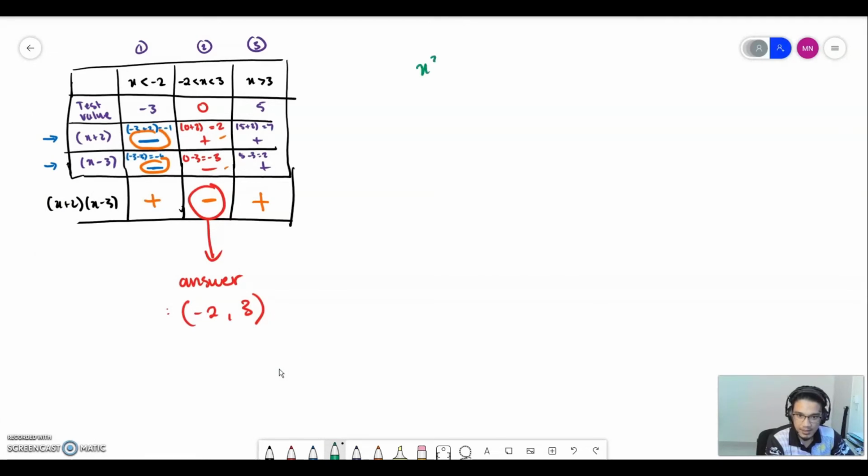So now we look at x squared minus x minus 6 less than 0. As usual, we factorize it first: x plus 2, x minus 3 less than 0. So in order to perform the real number line method, you have done the factorization, and now begins the part where you apply the real number line steps.